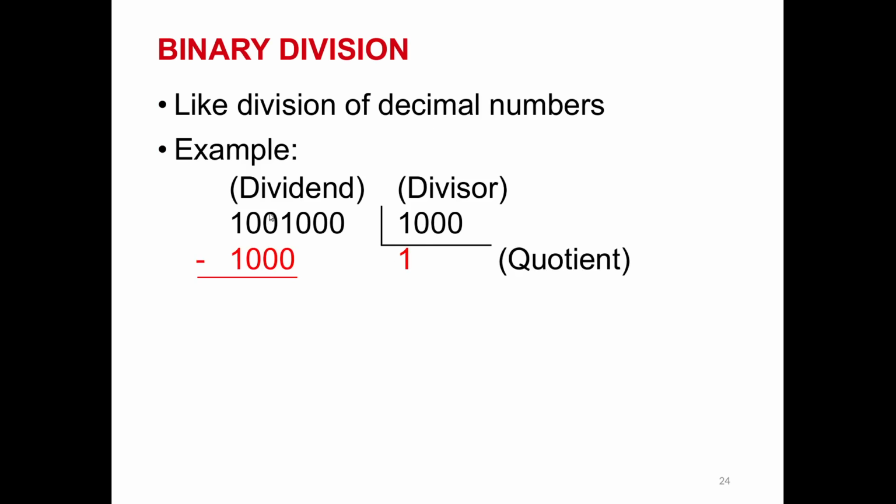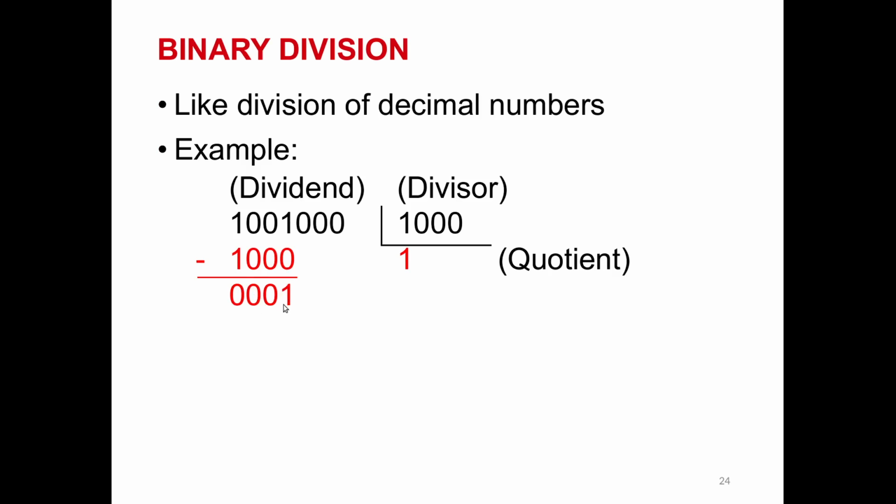We have that the first 4 bits, the most significant 4 bits of the remainder, are bigger than the value of the divisor, and so we have the result. The first bit of the quotient is 1, and we take the most significant 4 bits of the remainder and subtract the divisor, and the result here is 1 in this 4 bits.